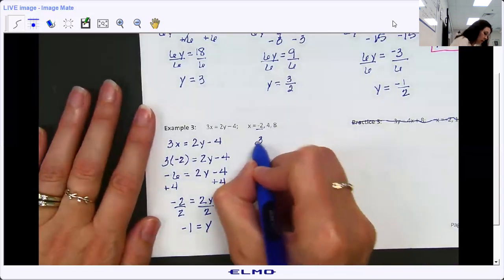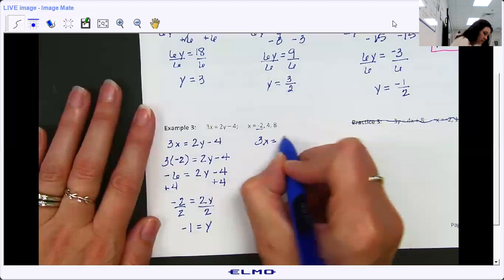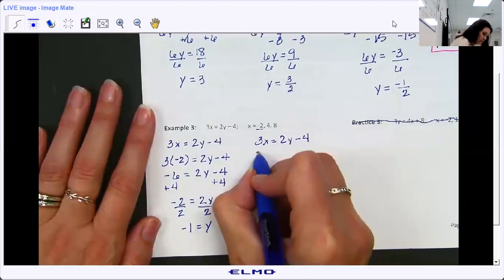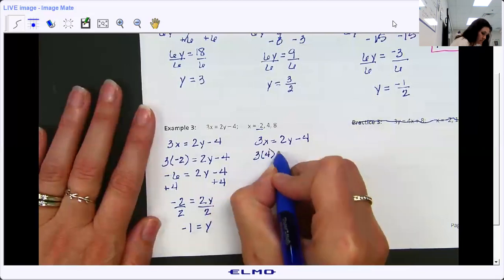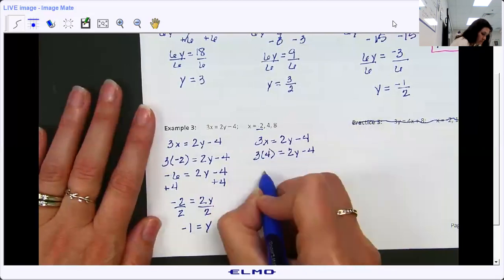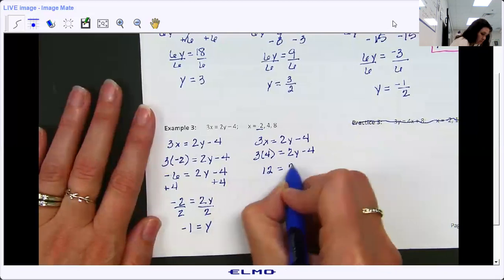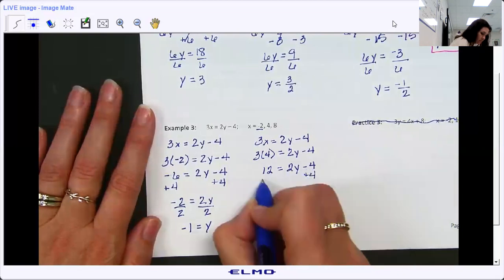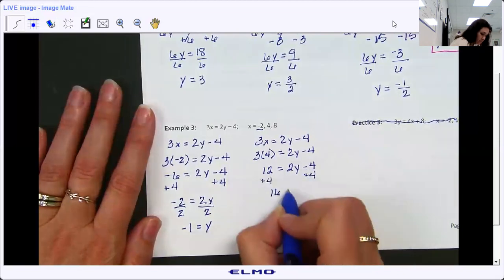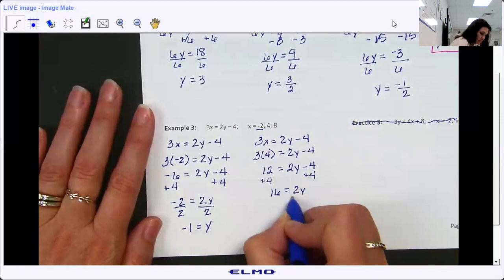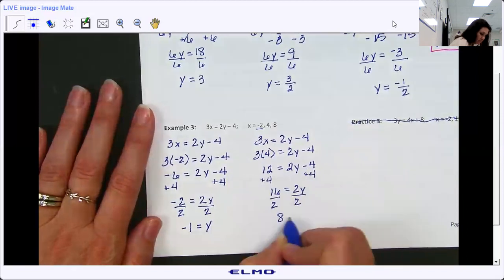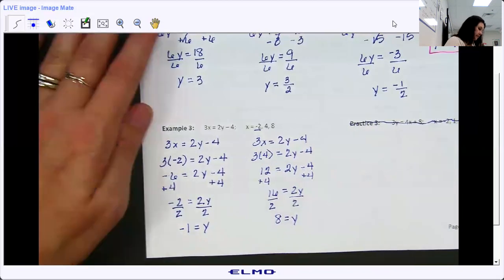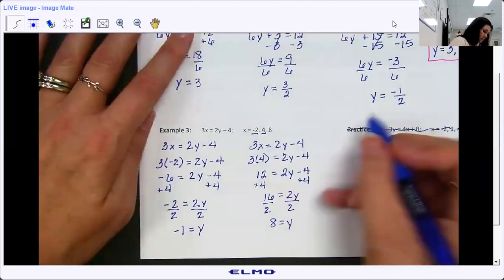What is y when x is 4? That's the next one. So when x is 4, y is -8.